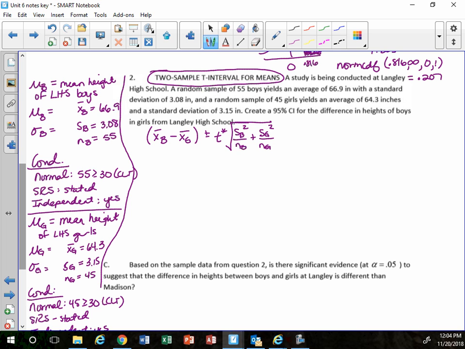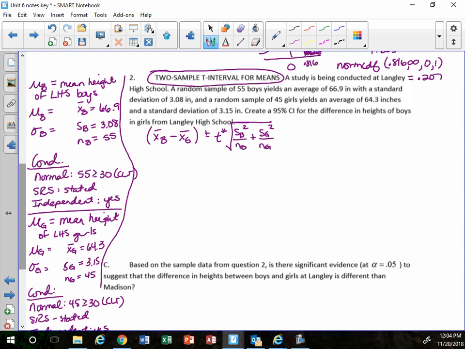Let's look on your calculator here. Do we have to write this down every time? Yes. Just get in the habit of doing it. What test do you think we might want to use on this one? You've got stat and then test.